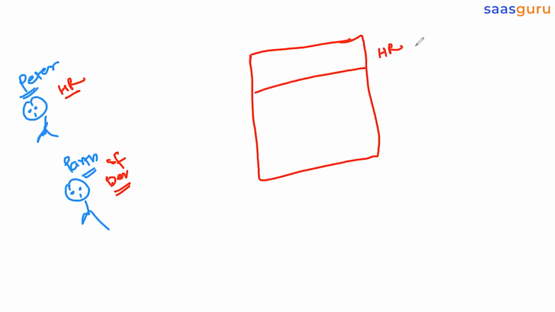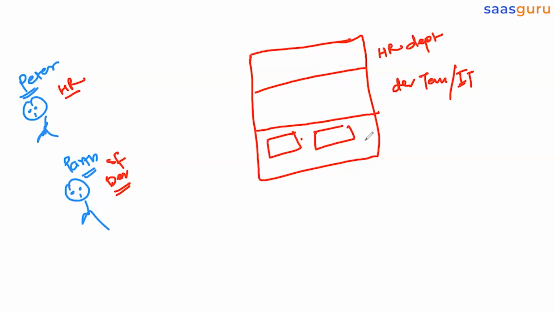So let's say this is my HR department. Then I'm going to make one department for my development team or my IT team. And after this, I am going to have some premise for sports. There are various indoor sports, there is foosball, there is TT, and so on and so forth. There is a cafeteria too.